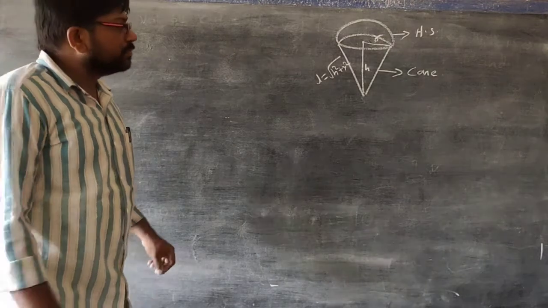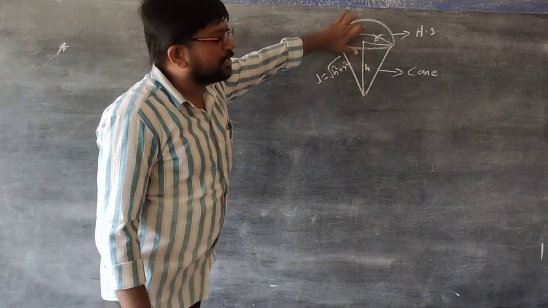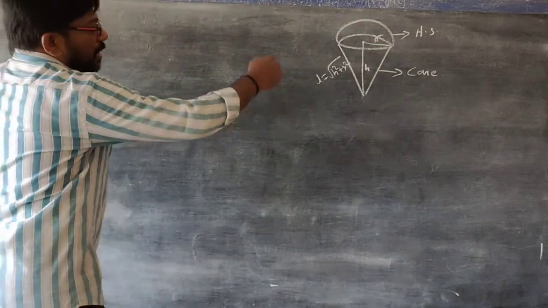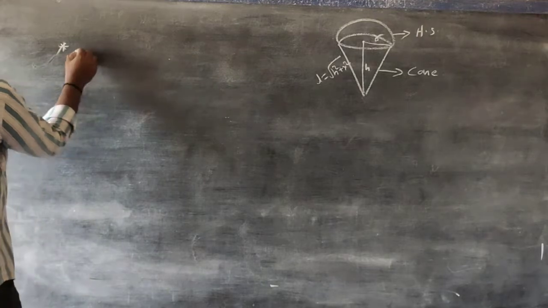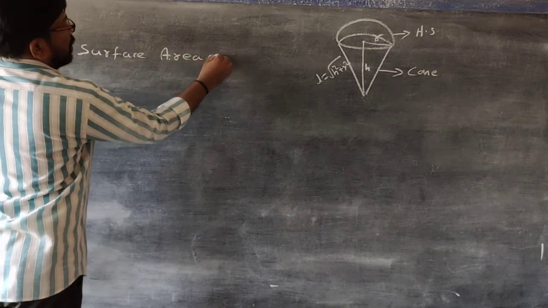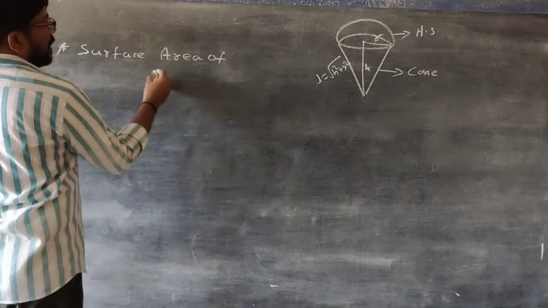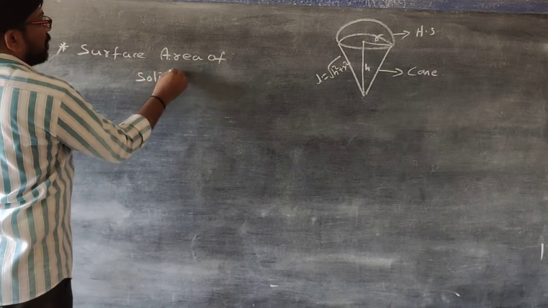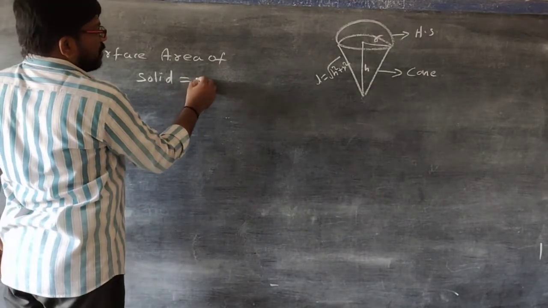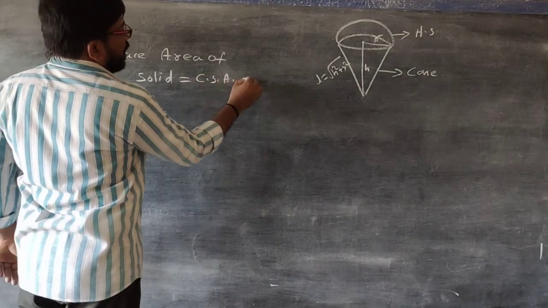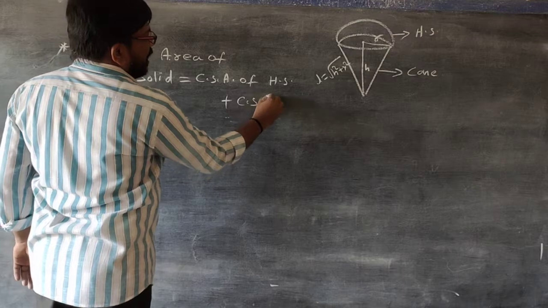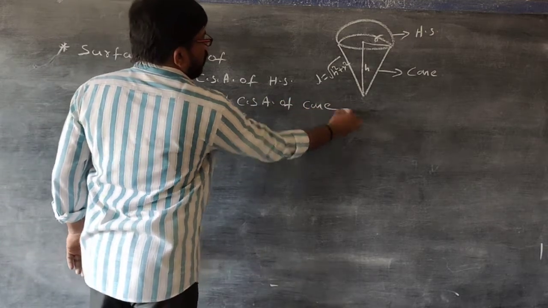So once again, listen: the combination of cone and hemisphere is a cone ice cream or toy. So this is one of the solids. So the surface area of the total solid, that is the combination of hemisphere and cone, is CSA of hemisphere plus CSA of cone, right?